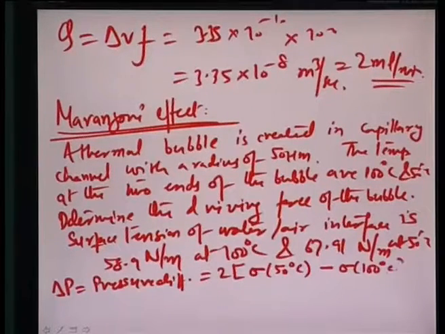As you know, with the increase in temperature the surface tension decreases. This is the standard formula for determining the pressure difference existing within a bubble in a certain environment.